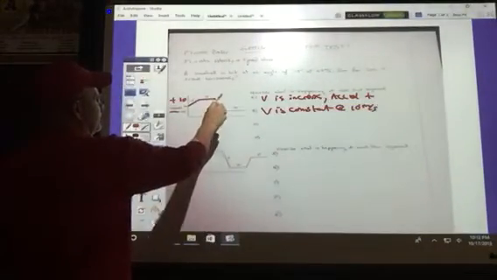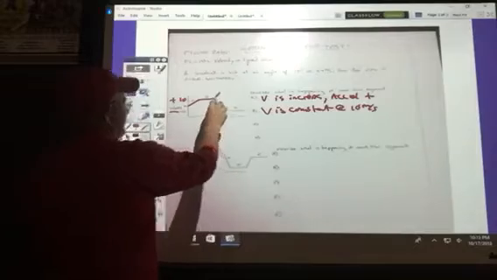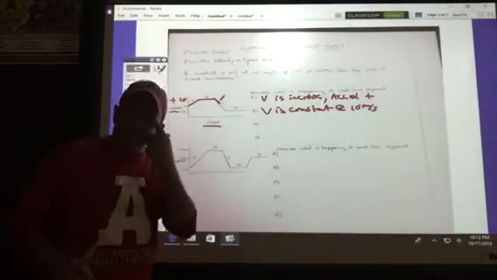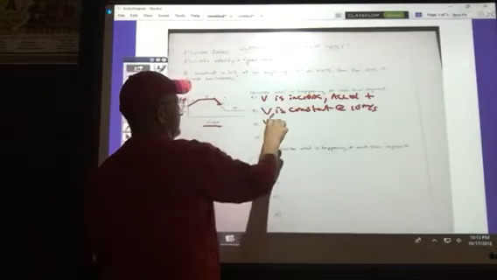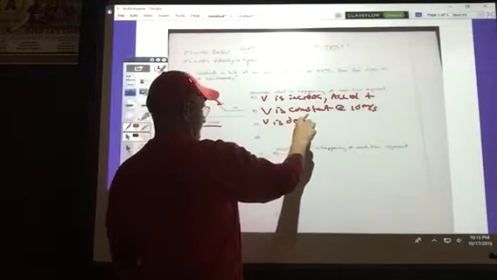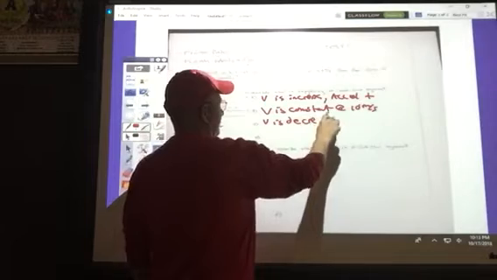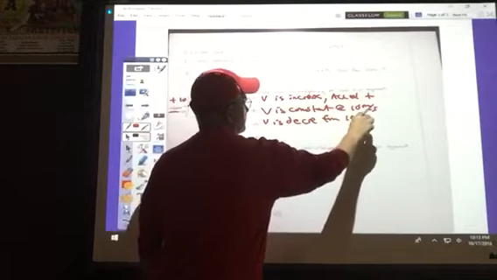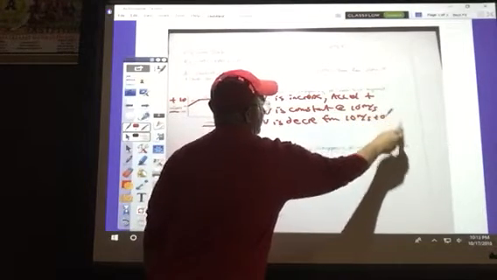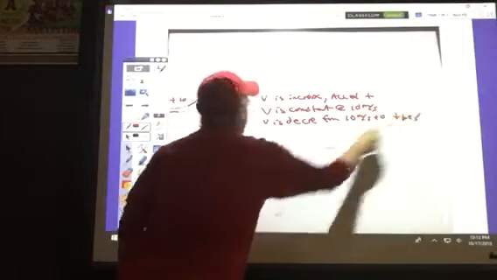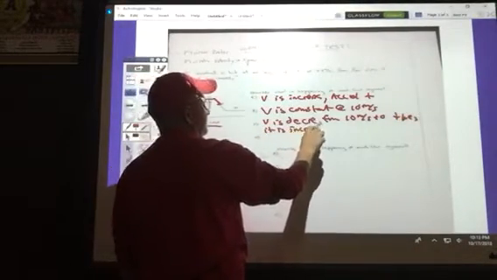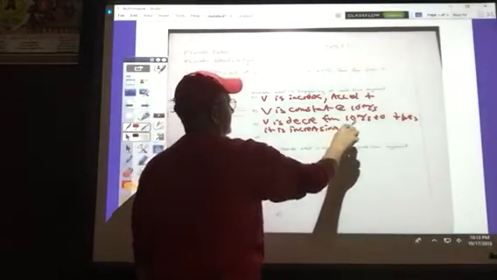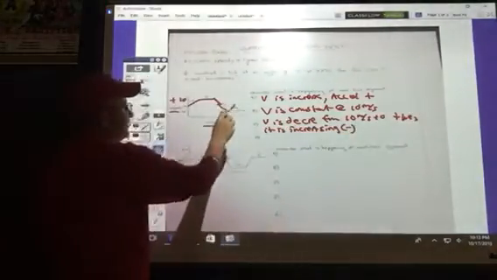And then from here, this one's a little tricky. First of all, my velocity is decreasing. I'm going from 10 meters per second to 0. Then it is increasing negatively from 0 to negative 10.